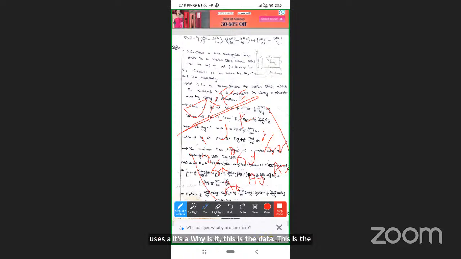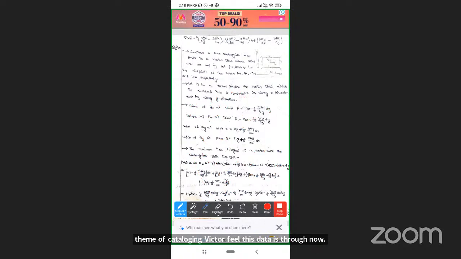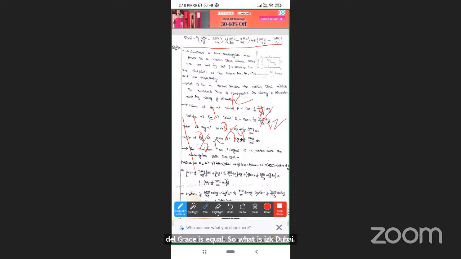Now let us prove this theorem. First, observe this cross multiplication: del cross a is equal to the determinant of i, j, k; dou by dou x, dou by dou y, dou by dou z; ax, ay, az.